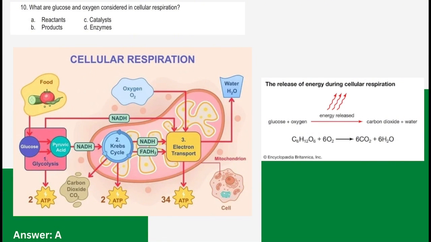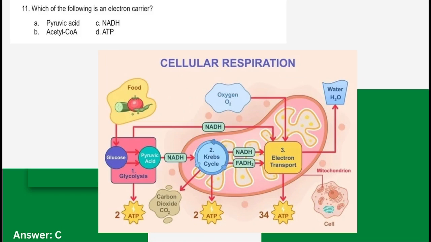What about catalysts? When we say catalysts, examples of it are enzymes, and they speed up reactions but are not consumed, unlike reactants. Enzymes control steps, but glucose and oxygen aren't enzymes. So they are reactants.